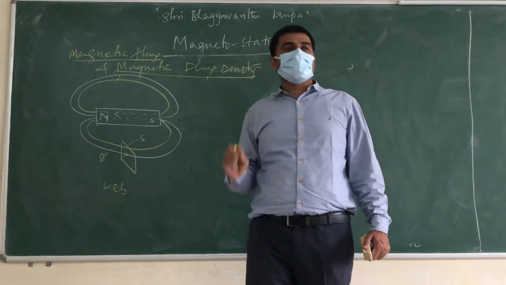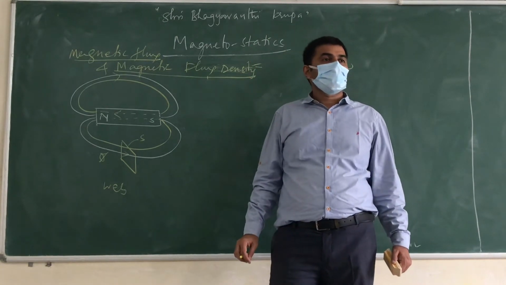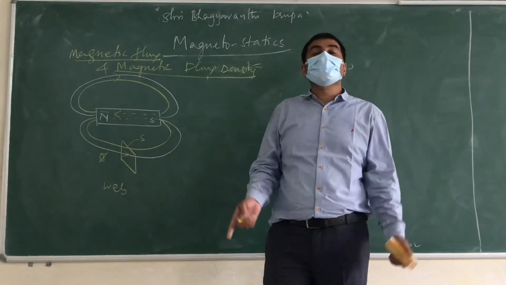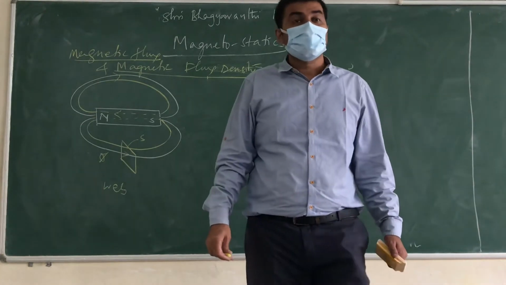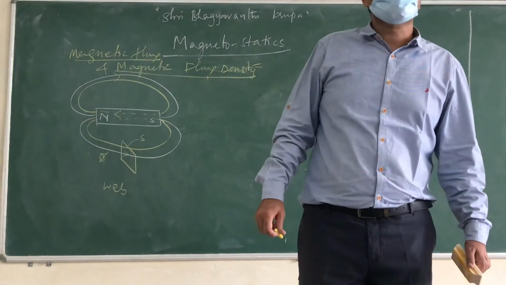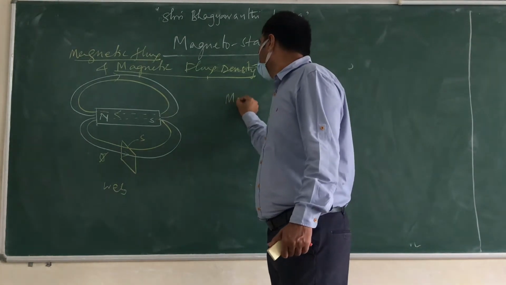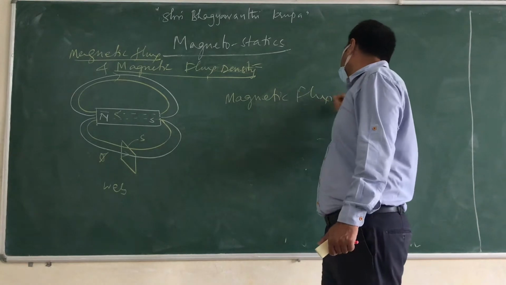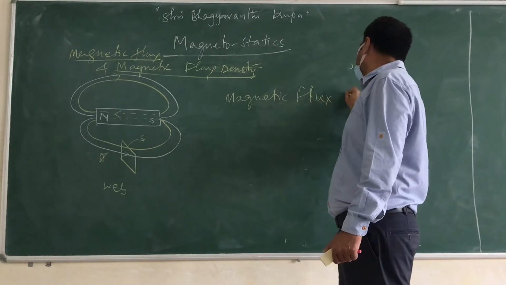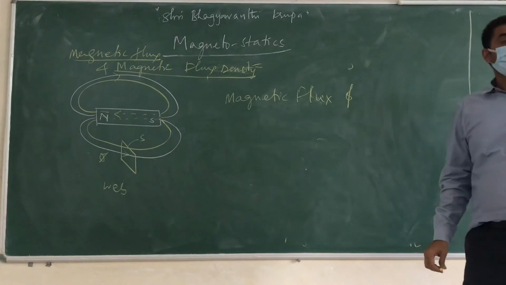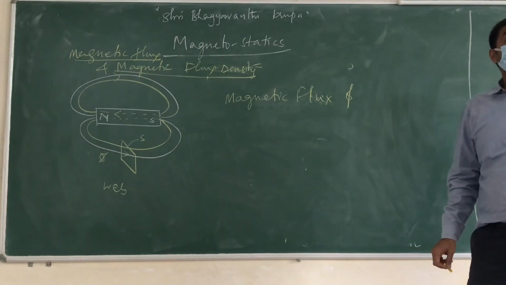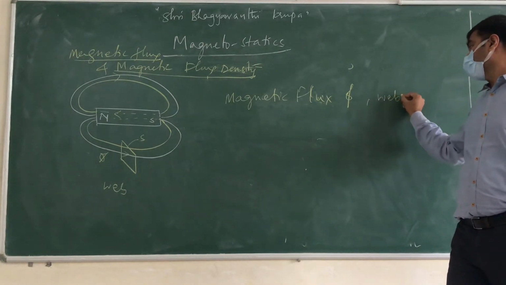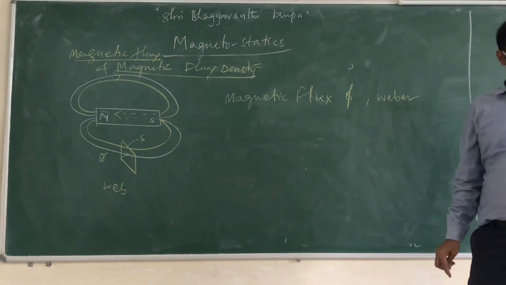These magnetic lines of force, that is total magnetic lines of force, is called magnetic flux, denoted by psi, and its unit is Weber. Okay.